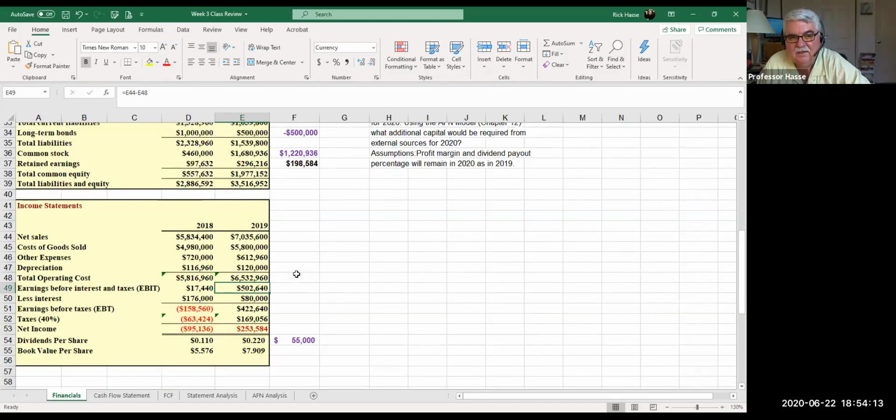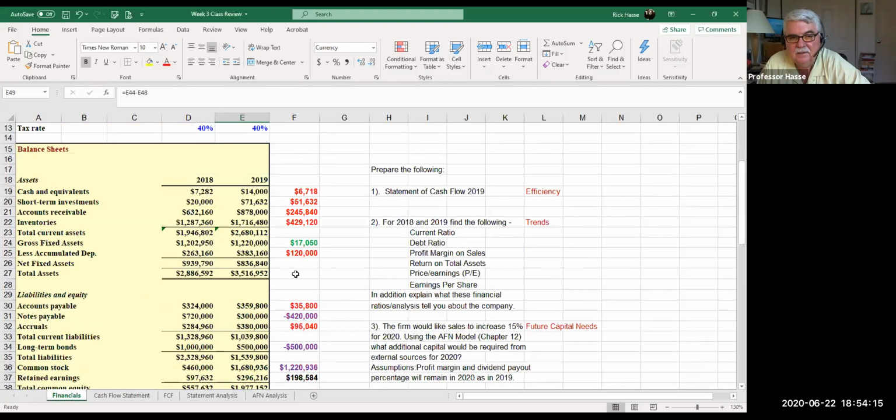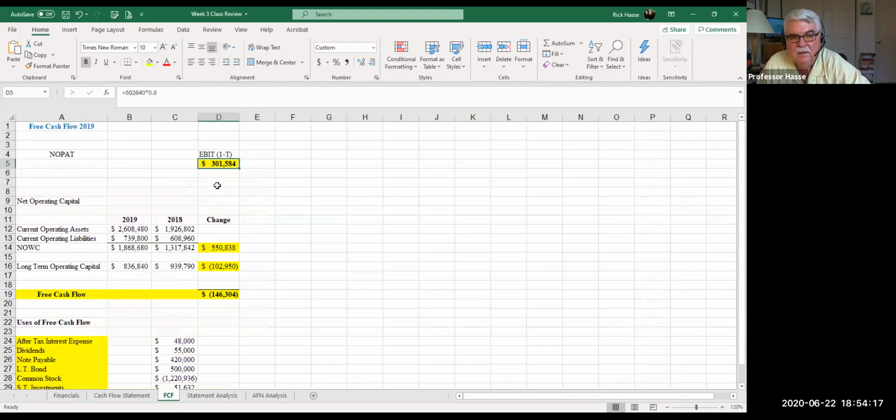So we take our earnings before interest and taxes, and now we take out the tax, which is 40%. We now have $301,584. We don't include interest, that's our profit. And then from that profit, remember we had those high receivables and inventory?